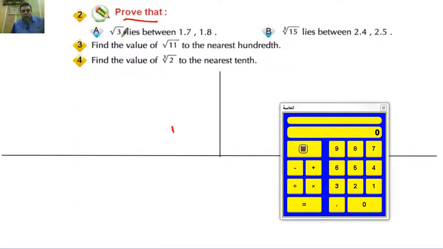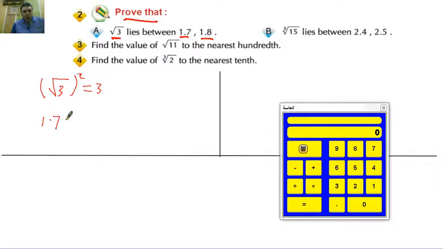Prove that square root 3 is between 1.7 and 1.8. How to prove this? We do as follows. Square root 3 to the power 2 equals 3.